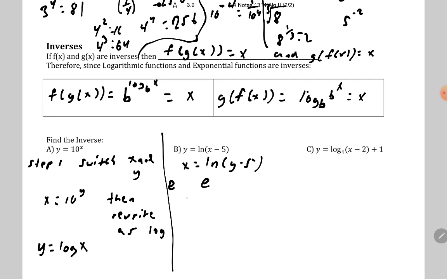So this will be e to the x equals e to the ln of y minus 5. Since they're inverses of each other, they cancel each other out. So I'm left with e to the x equals y minus 5. I add 5 over, and I get y equals e to the x plus 5. And that's my inverse.